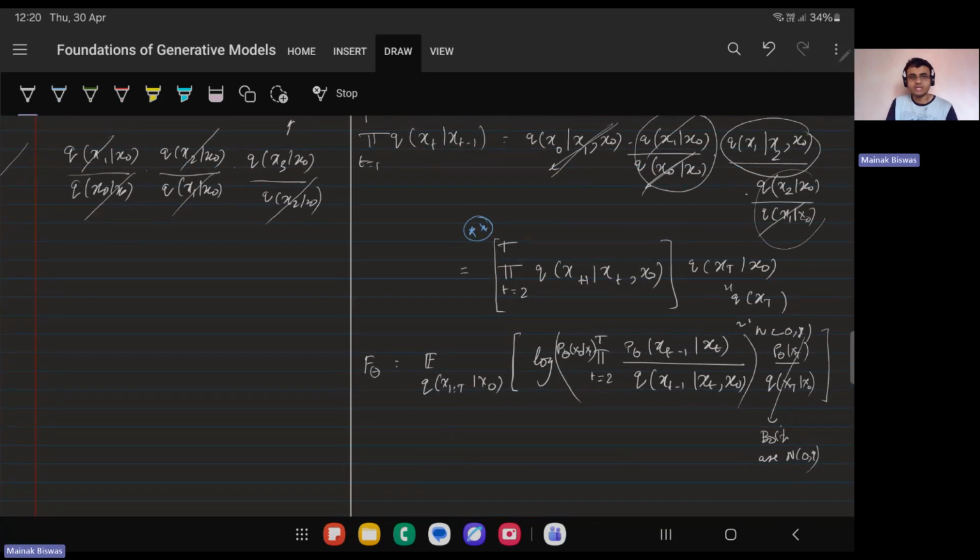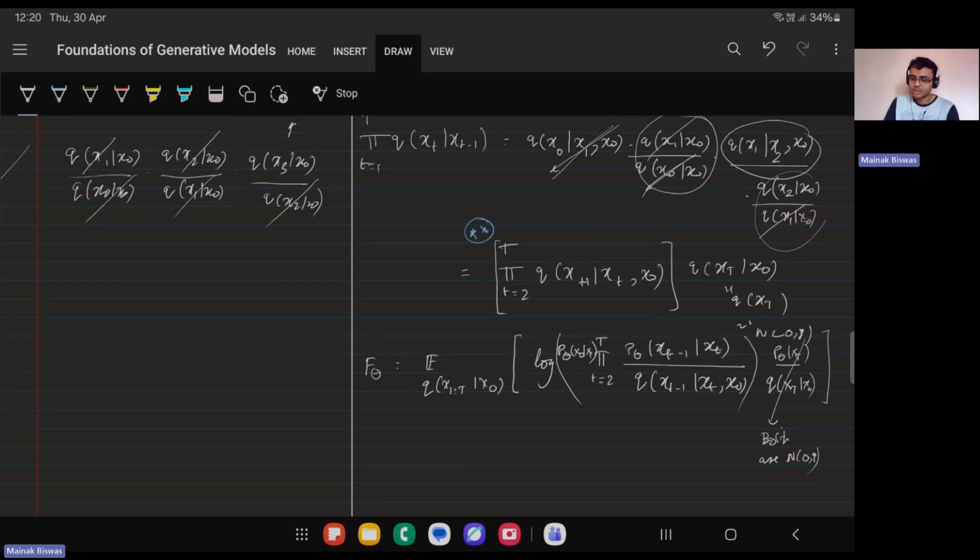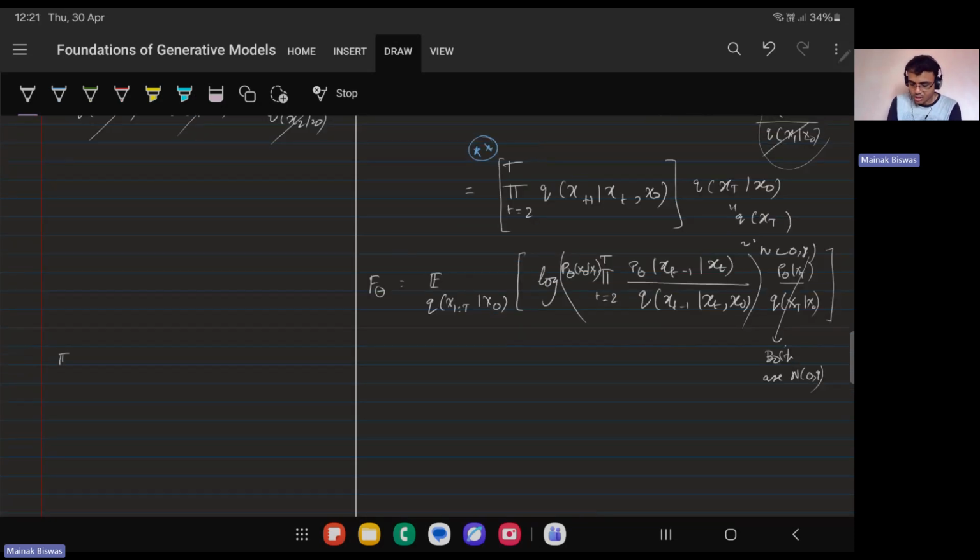So now we have almost reached the end of the DDPM derivation. So now my factored out term, you can clearly write this as f theta can be written as the expected value of q of x1 to t given x0. I'm going to put this term out, log of p theta of x0 given x1, and I will have a summation of a negative.